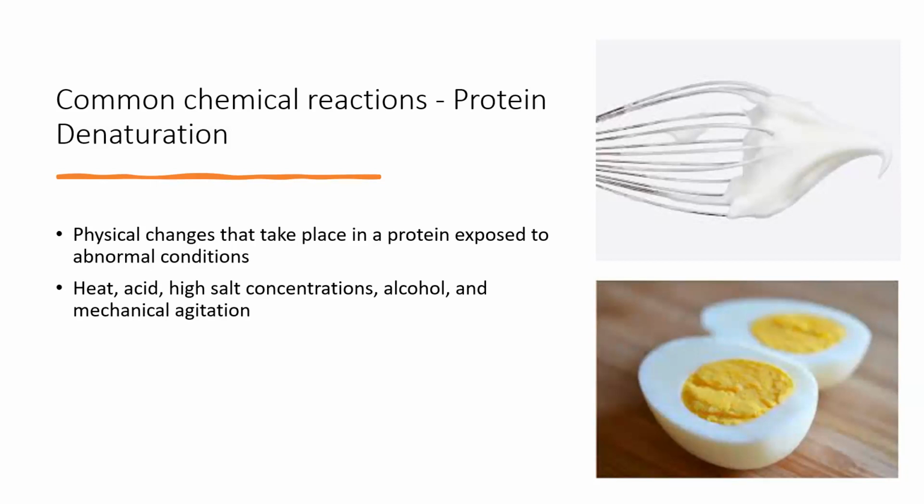In another way, when you are making a cake, you stir the egg white and form foam. That's mechanical agitation to denature the protein, and it gives the cake a very sponge-like texture.